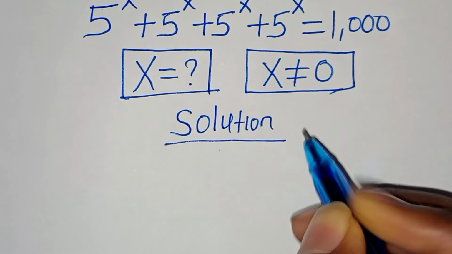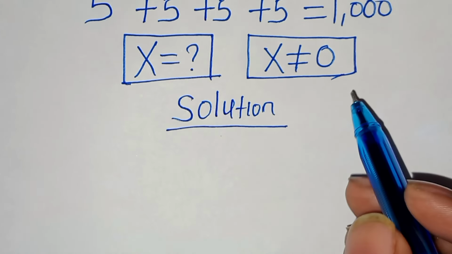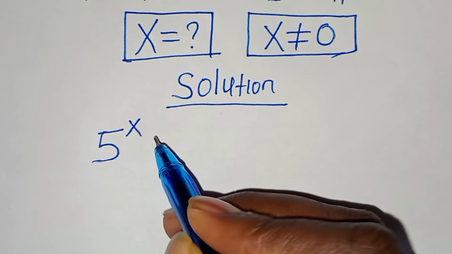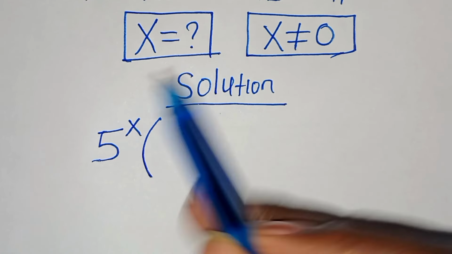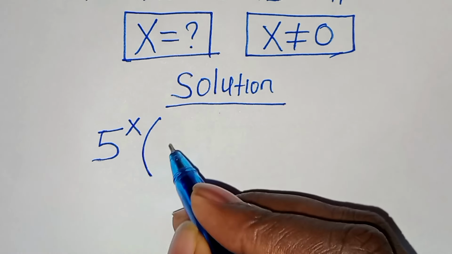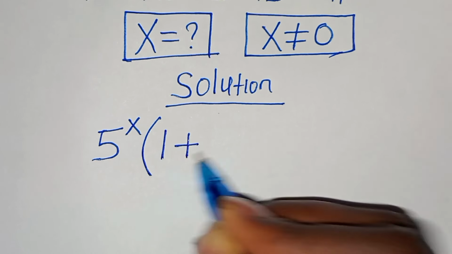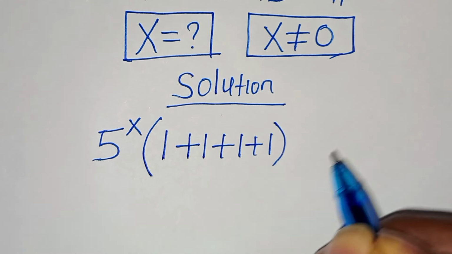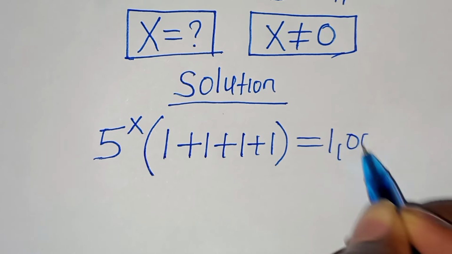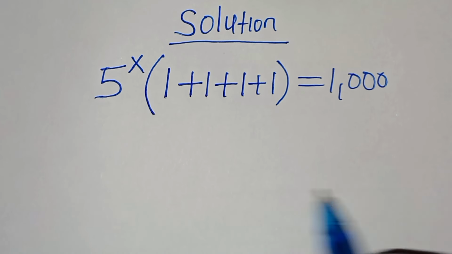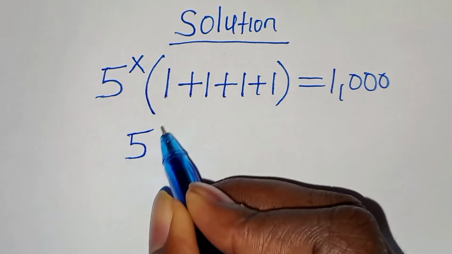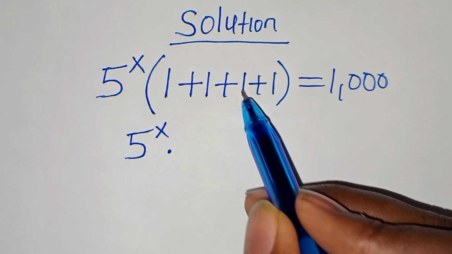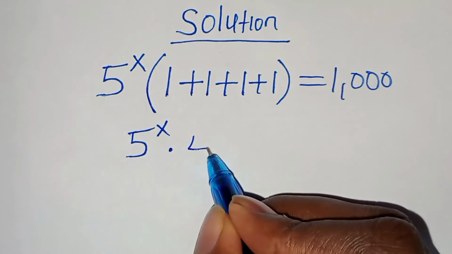Now, since in this exponential equation we have that 5 to the power of x is common, we can factor out 5 to the power of x, so that 5 to the power of x divided by 5 to the power of x is 1, then plus 1, then plus 1, then plus 1. This is equal to 1000. Now we have 5 to the power of x multiplying by 1 plus 1, this is 2, plus 1, 3, then plus 1, this is 4.